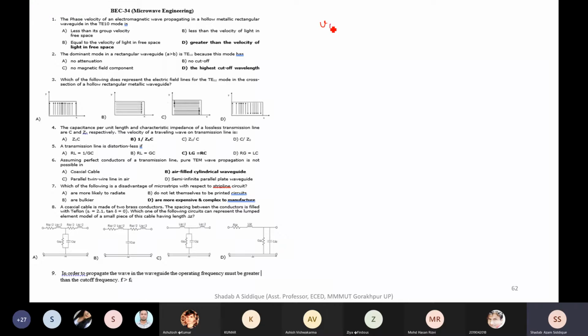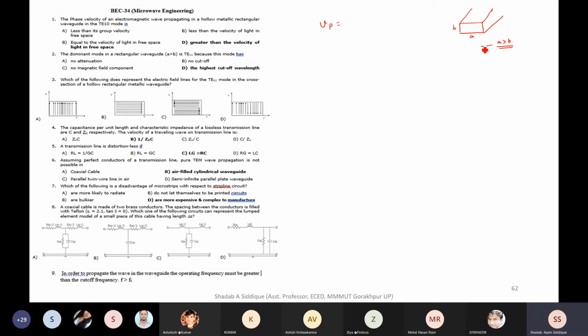We have a rectangular waveguide, which is a hollow structure, and the dimension we have taken is a, and this dimension is b. We normally take a greater than b.